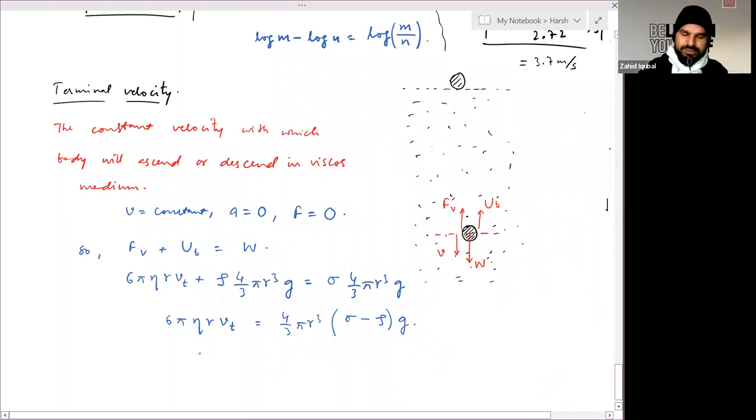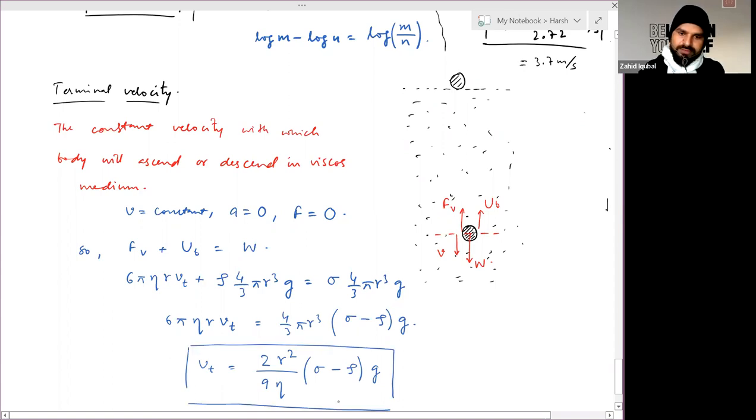Moving these terms to the right side, terminal velocity on simplifying becomes 2 times r squared by 9 eta, bracket sigma minus rho, times gravity. So this will be our final expression of terminal velocity of the object in this viscous medium. Is it clear? Yes, sir.